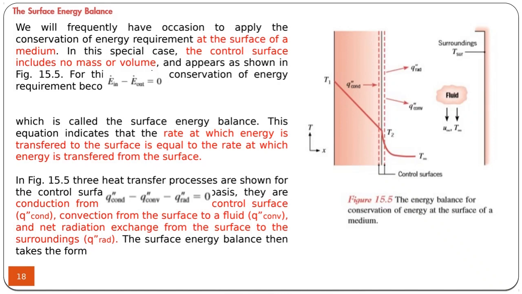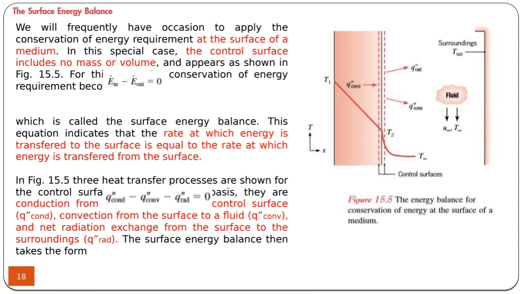We will not finish this chapter, but we will do the review part. So, surface energy balance: remember that if it's a mass of substance, then you have to consider not only the heat generation, but also the heat storage.